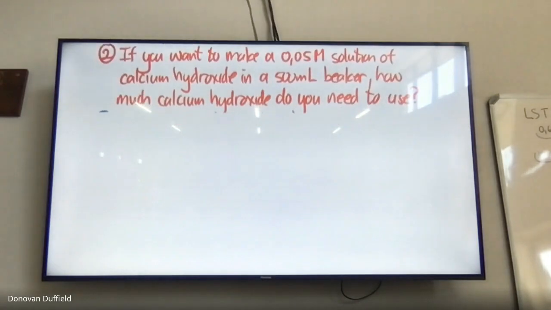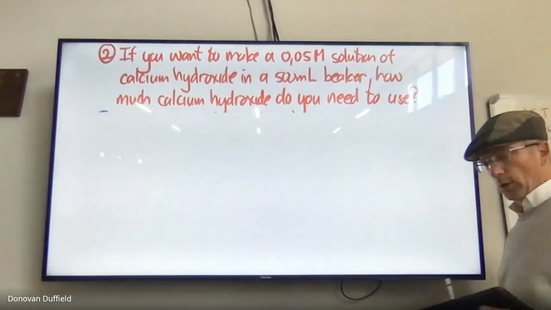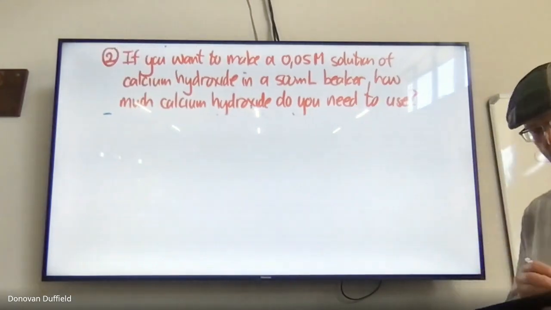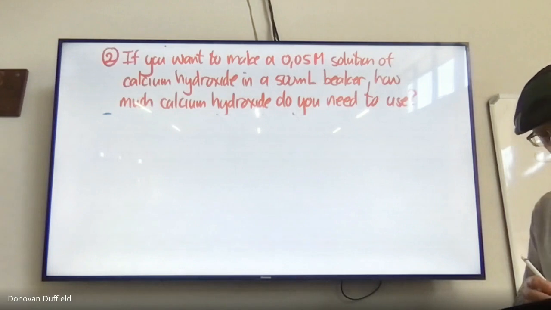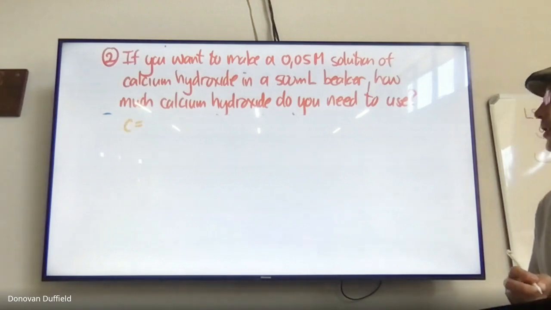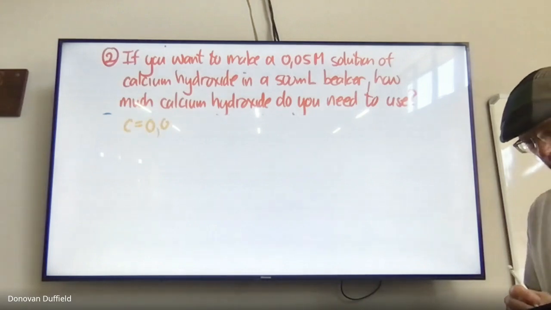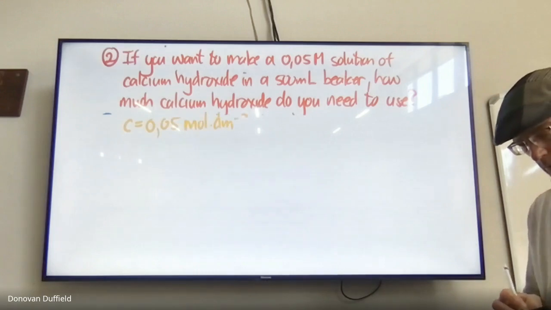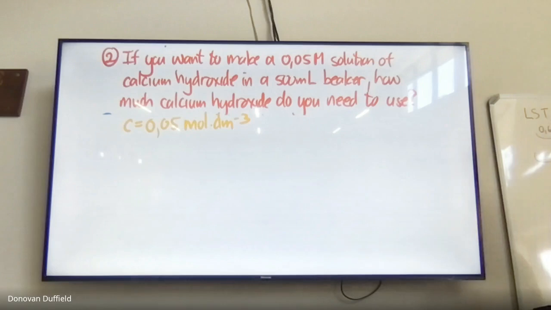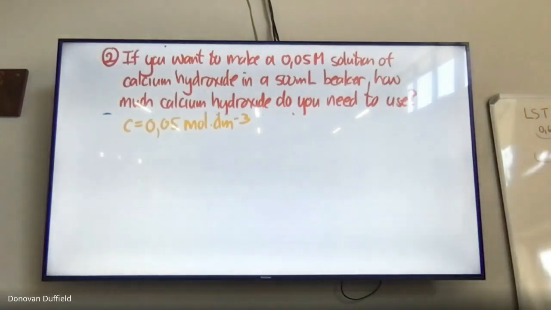If you want to make a 0.05 molar solution, mole per cubic decimeter, so the desired concentration is 0.05 mole per cubic decimeter of calcium hydroxide.